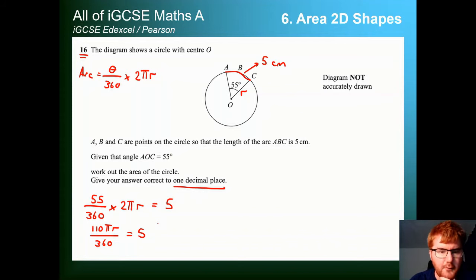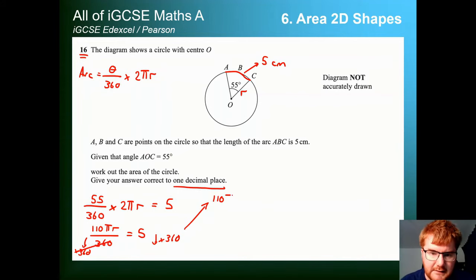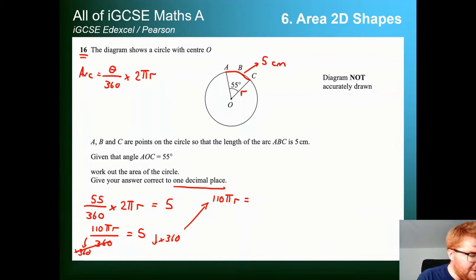And therefore we want to multiply by 360 on both sides. Again, try and get that r on its own, which is the most important thing. If we do multiply by 360 on both sides, this cancels, leaving us with 110 pi r, and 360 times 5. So we'll just use your calculator, there's no need to do anything else here.